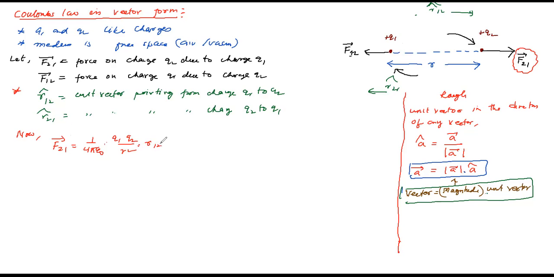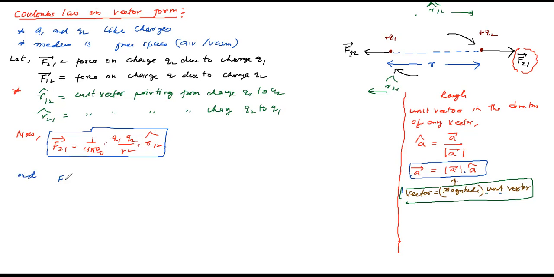So I'll attach r12 here. Now this is my complete expression, which shows magnitude with the unit vector. F21 is a vector, magnitude with the unit vector, and this gives the magnitude together with the direction.